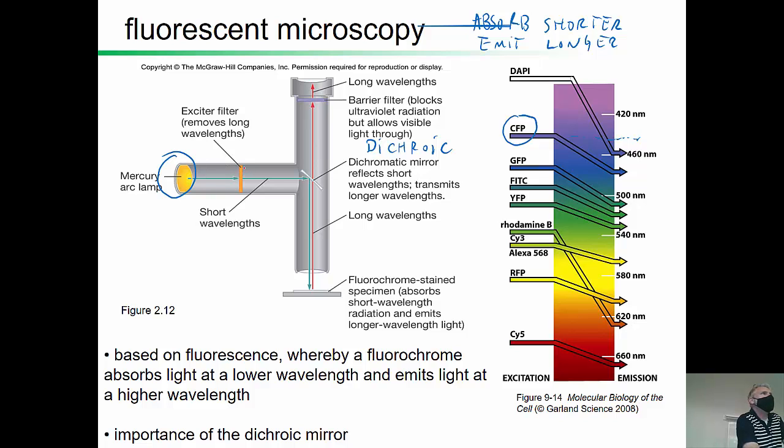We can select for a specific short wavelength, which is called the excitation wavelength. So the shorter wavelength, we can see this at the bottom of the chart, is called the excitation wavelength. And it's at right angles, so it will bounce that light down onto our sample.